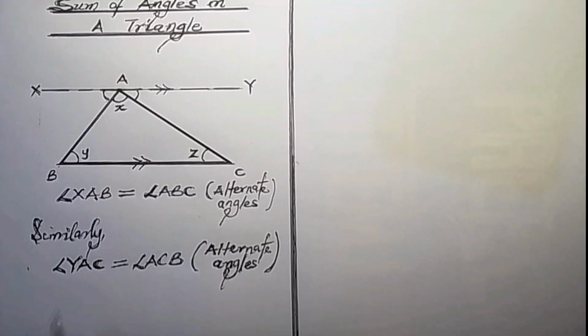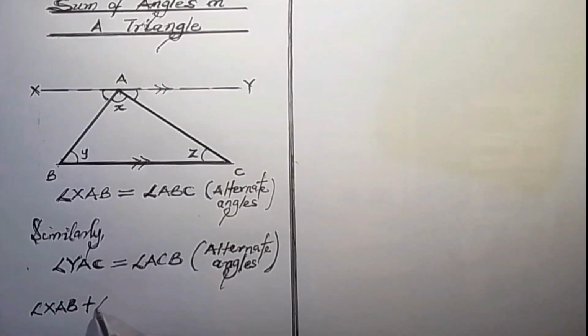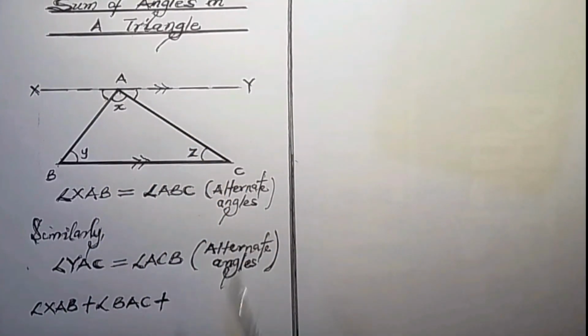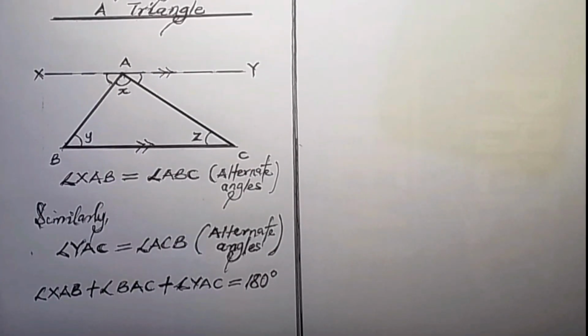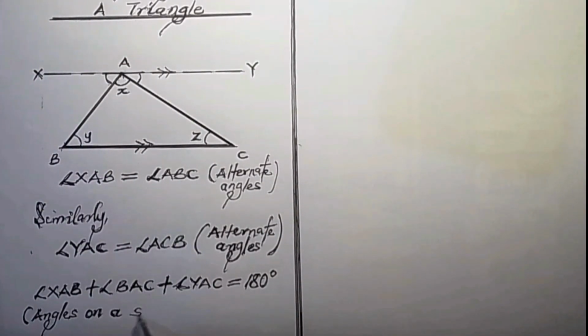That is, angle XAB plus this, angle BAC, plus this angle YAC, angle YAC is equal to 180 degrees. Reason, angles on a straight line.